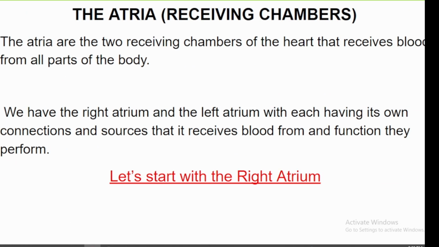Great. So we will now start with the atria, or the receiving chambers. The atria are the two receiving chambers of the heart that receive blood from all parts of the body. So the function of the atria is to receive blood from all parts of the body. Now we have the right atrium and the left atrium, with each of them having its own connections and sources that it receives blood from, and the functions that they perform.